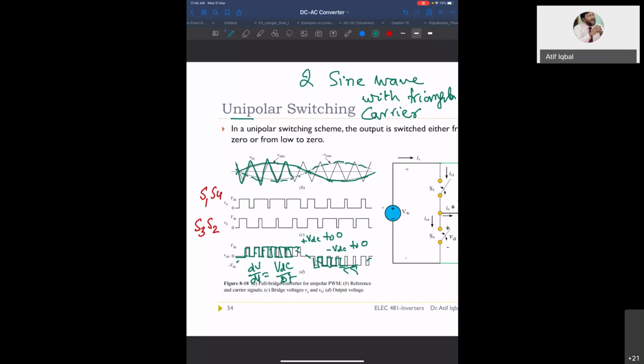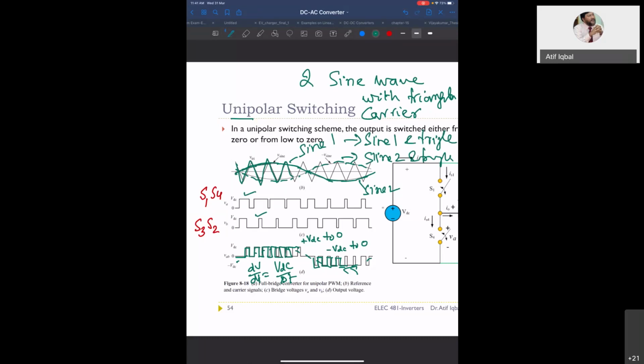You generate two sets of pulses: one by comparing sine wave number 1 and the triangle, and another by comparing sine wave number 2 and the triangle. So we generate two sets of pulses. This is for the positive, and this is for the negative.